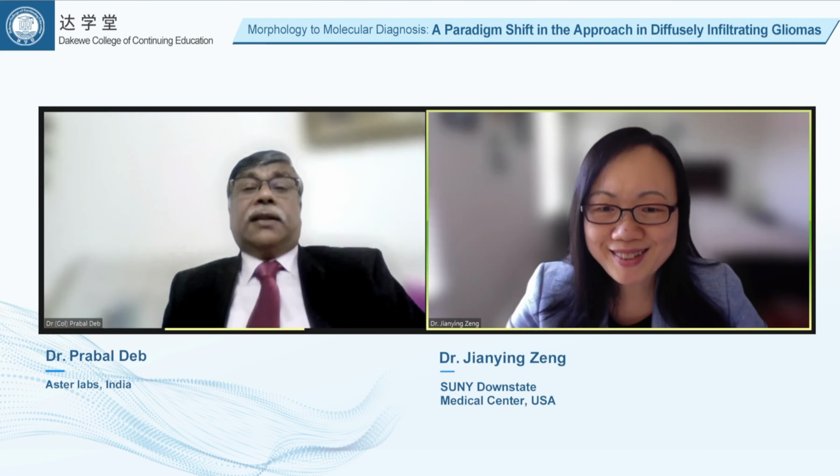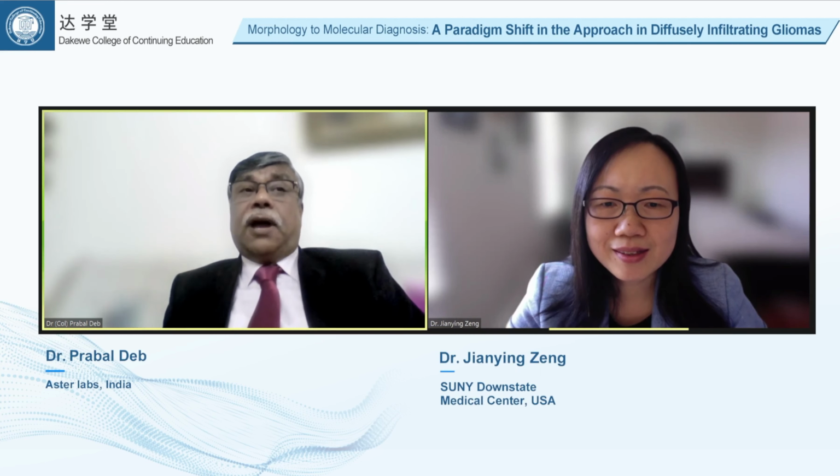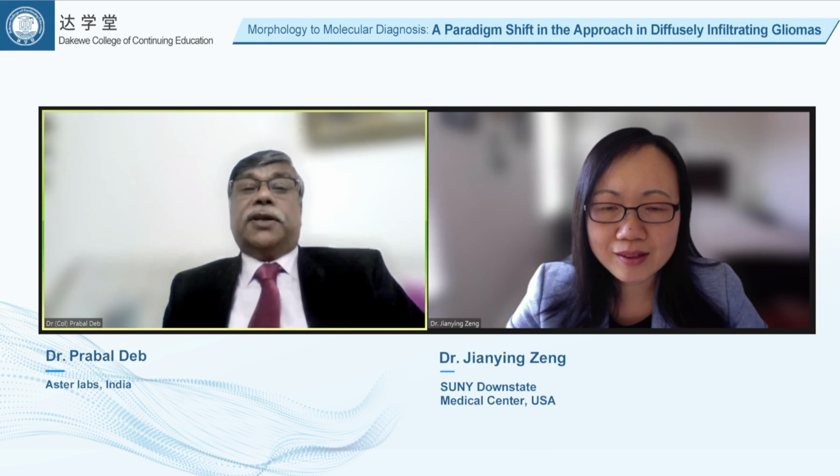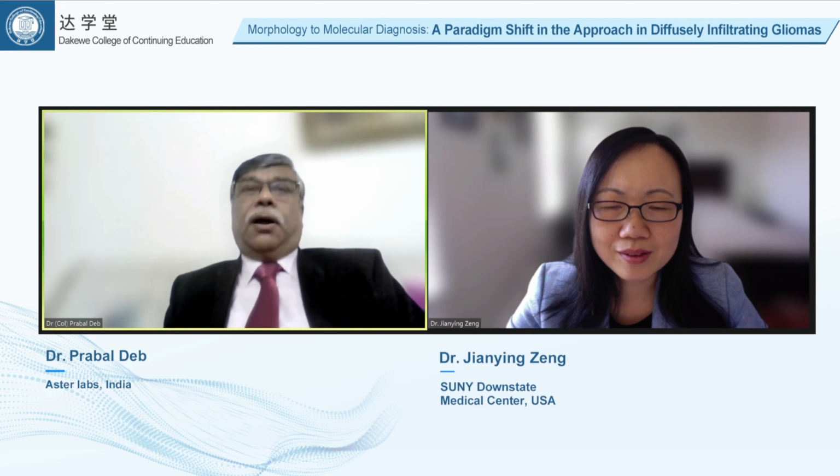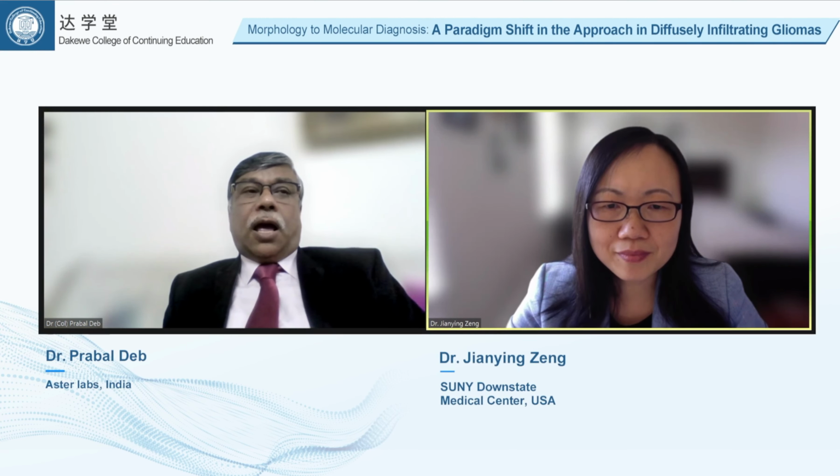Wow, a similar case. That entire thing disappeared, and for about 4 years, the girl was totally disease free, leading an absolutely normal life, but now has got a recurrence again. And the morphology is the same as the initial one.